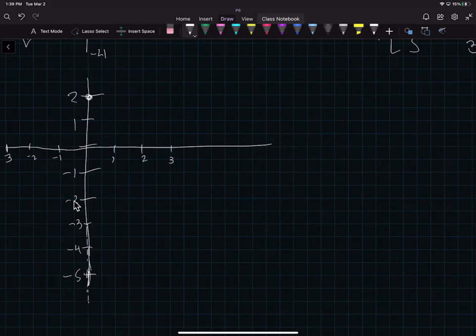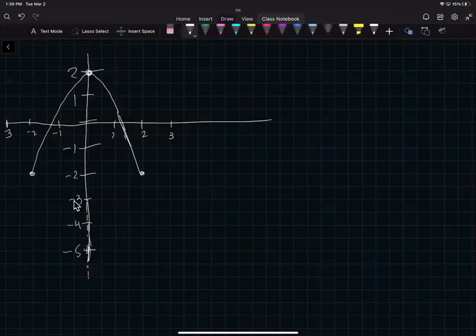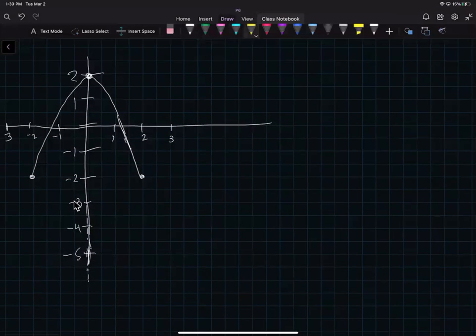We have this one. We have another point here. We have another point here. This is my original. And then we reflect it, right? So we're going to go ahead and reflect this. This is my y equal to negative 2. So if this is our axis of rotation, you always reflect it through the axis.